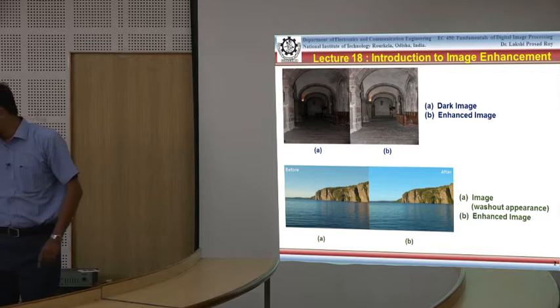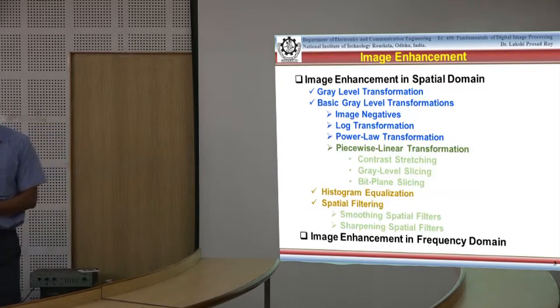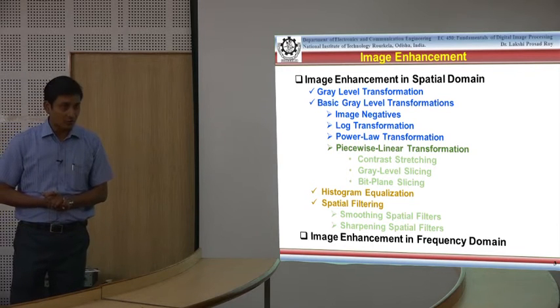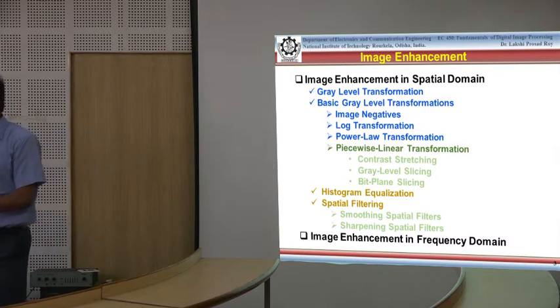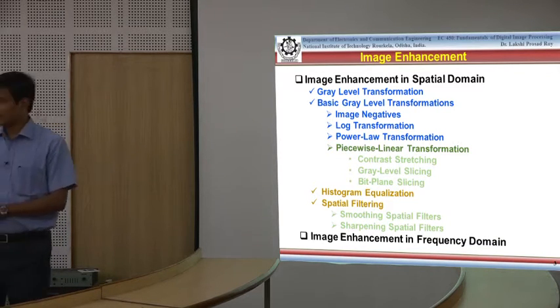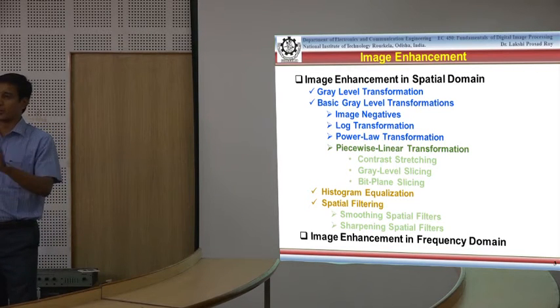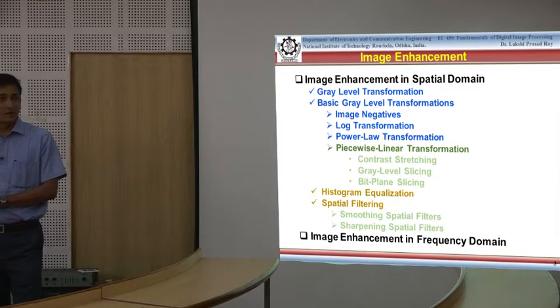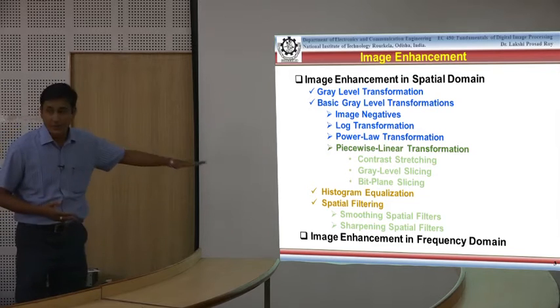Okay. So if this is the image enhancement we are talking about, and we have now been introduced to it, then as to which way this can be done, I will crudely make two differences here. One is by doing operations in the spatial domain, or by doing operations in the frequency domain.